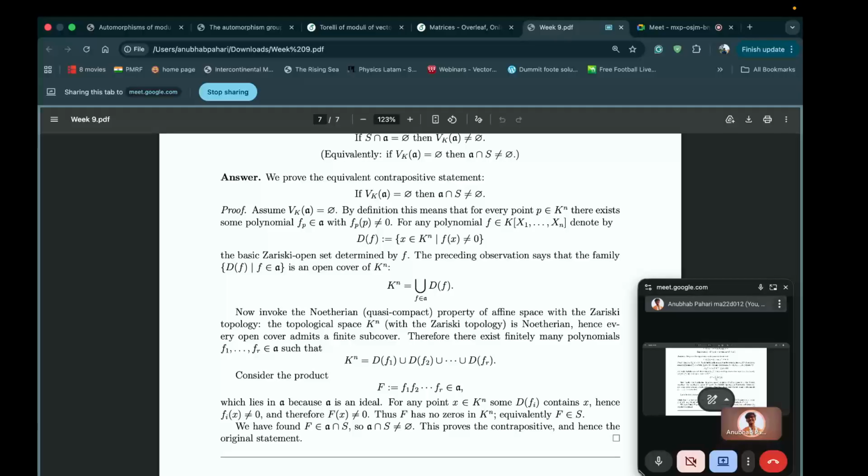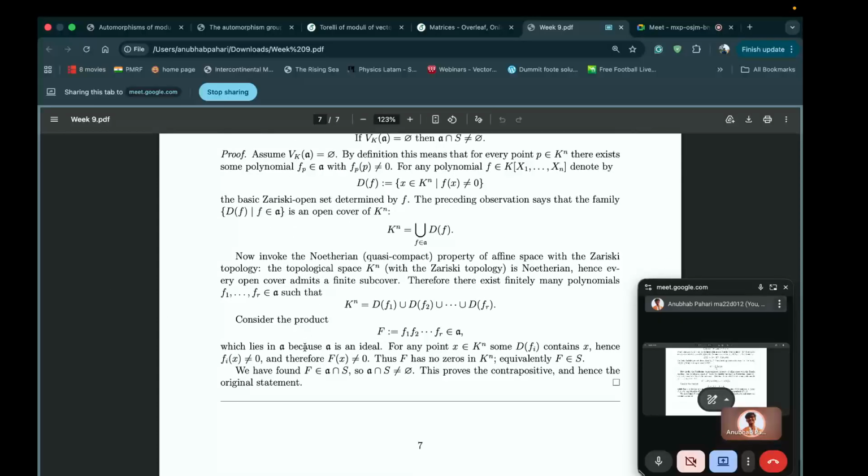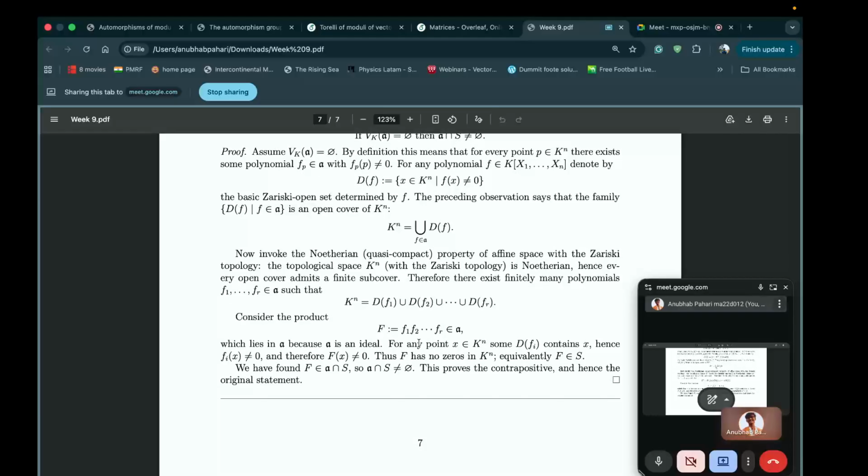For any polynomial f of k[x1,...,xn], denote by D(f) the set of x in k to the power n such that f(x) is not equal to 0, the basic Zariski open set determined by f. The preceding observation says that the family D(f), f belongs to A, is an open cover of k to the power n, such that k to the power n equals the union of D(f) where f is coming from A.